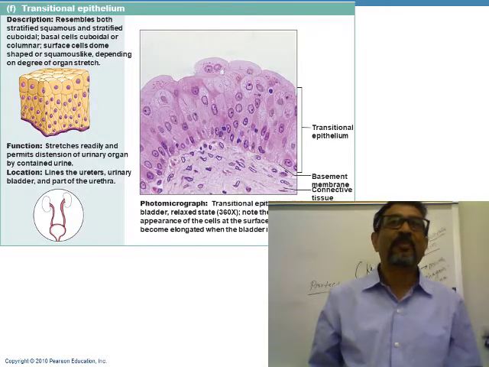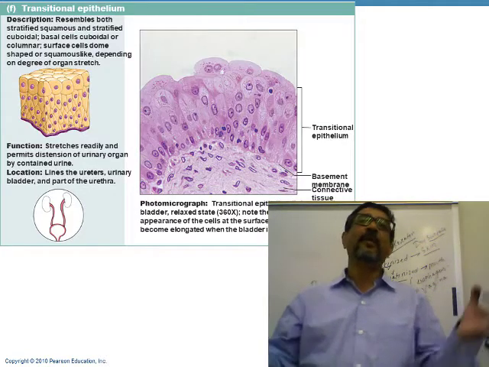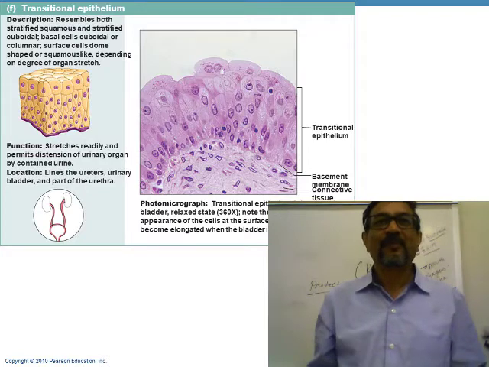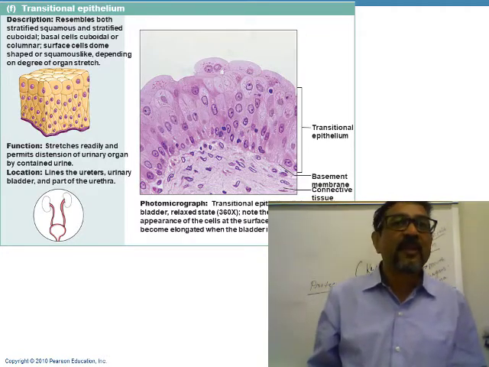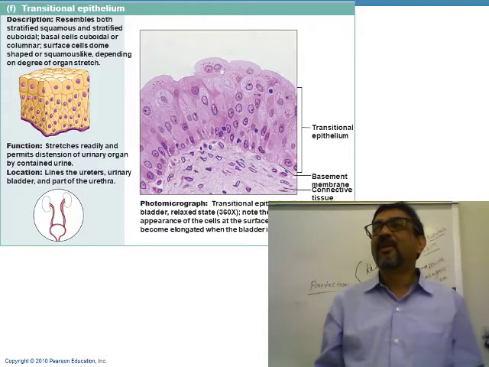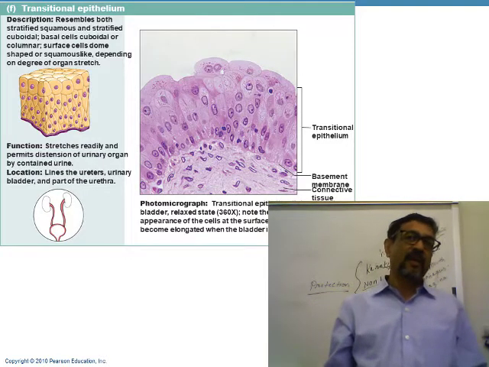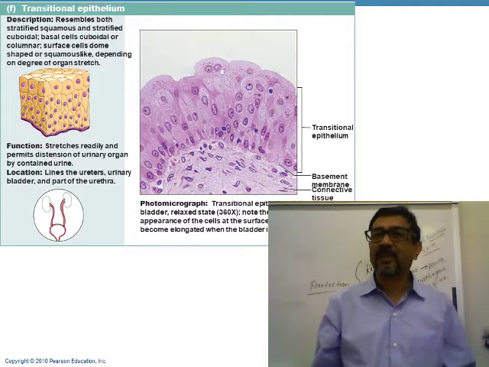So, in a simple way to say, it is where you have urine. Who transports the urine? Ureter, right? You know that? From the kidney to the bladder. And who stores the urine? Bladder stores the urine. So, inside the ureter, inside the bladder, you have transitional.